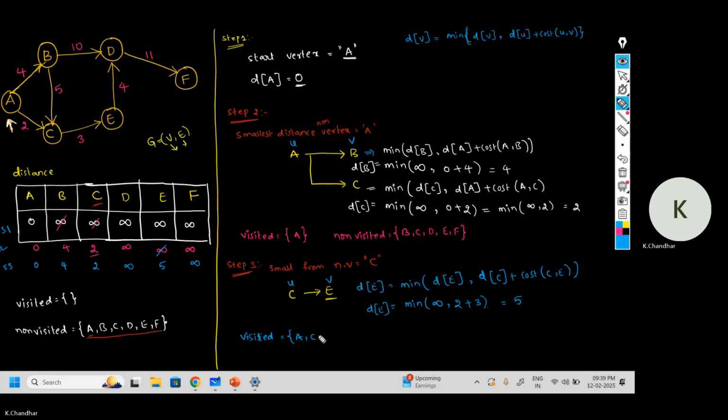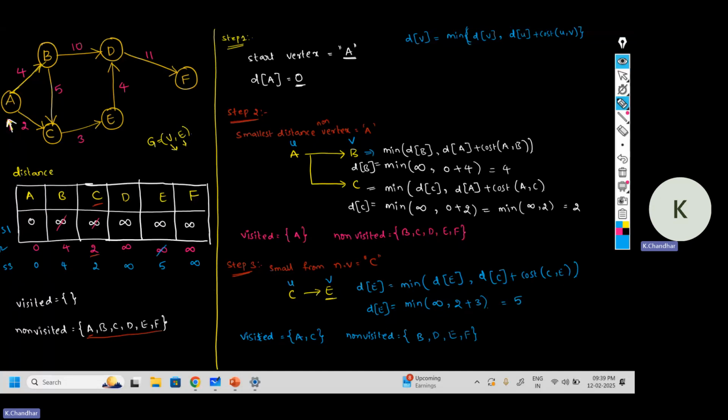This C. So A comma C come under the visited. Which are non-visited? The vertices excluding A comma C come under the non-visited. So what are the things there? B, D, E, F. So like this, we have completed step 3.